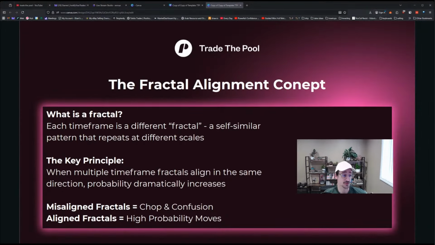So what's a fractal, first off? Each time frame is a different fractal. And by that I mean a self-similar pattern that repeats at different scales. So when we're talking fractals, you can think about it like, okay, the shape that our blood vessels make and the shape that the Nile Delta makes when you look at it from space, they make the same shape.